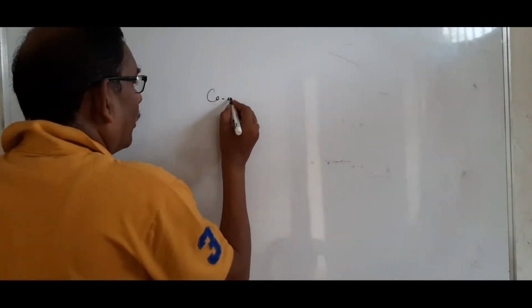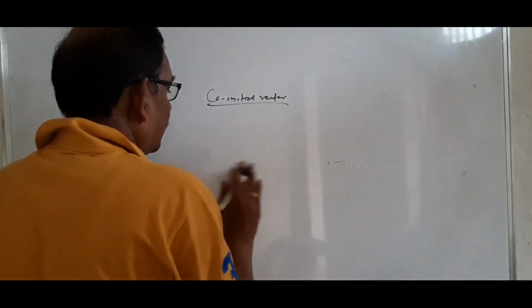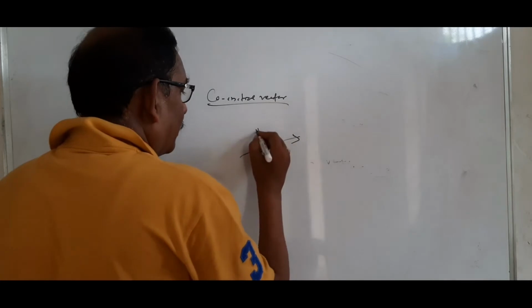Co-initial vector. Vectors having a common initial point.